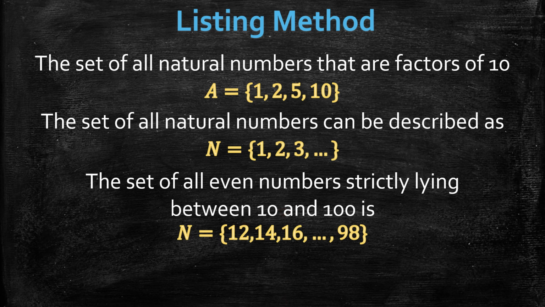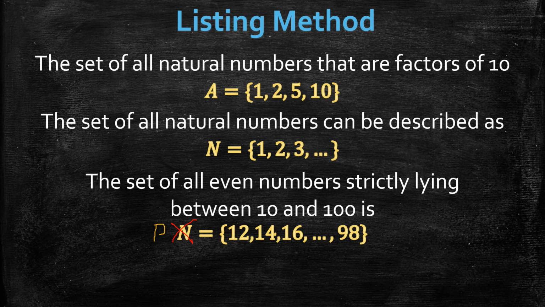Let me take another name. I am cancelling this out and taking another color. Z is also reserved for integers, so I cannot write Z here. So let us take B as its name.